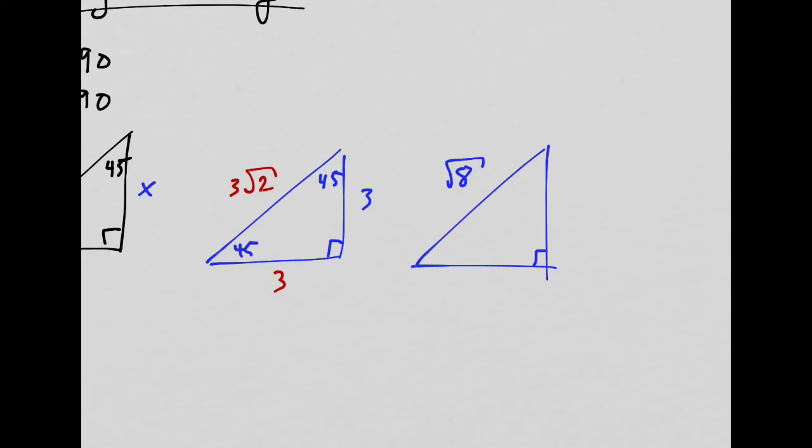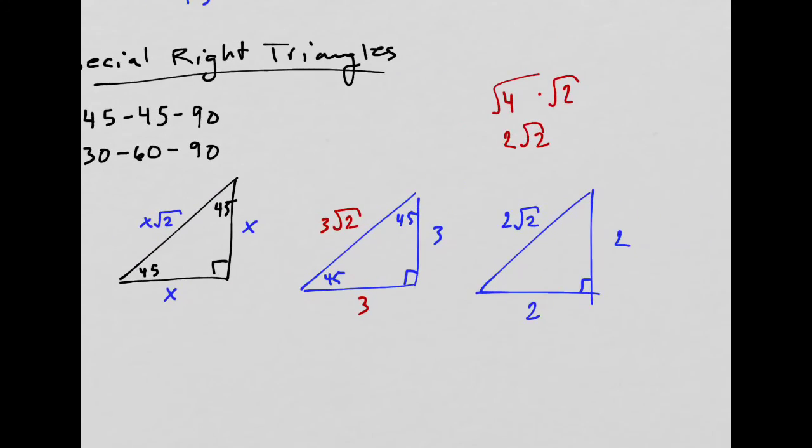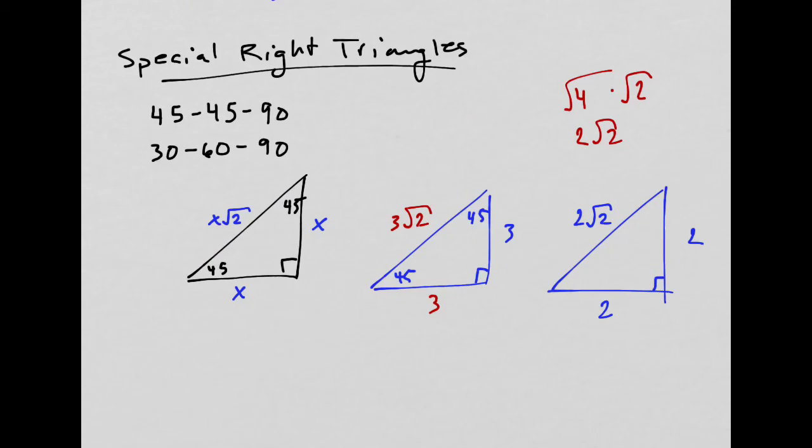The square root of 8 is the square root of 4 times the square root of 2, which is 2 root 2. So I can reduce this to 2 root 2, and then I know that this is 2 and this is 2, because that's the form of the 45, 45, 90 triangle.